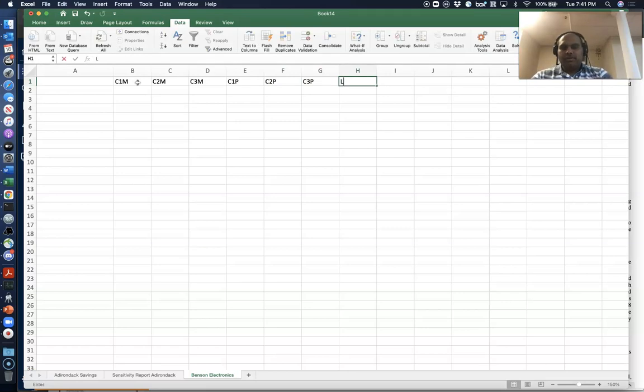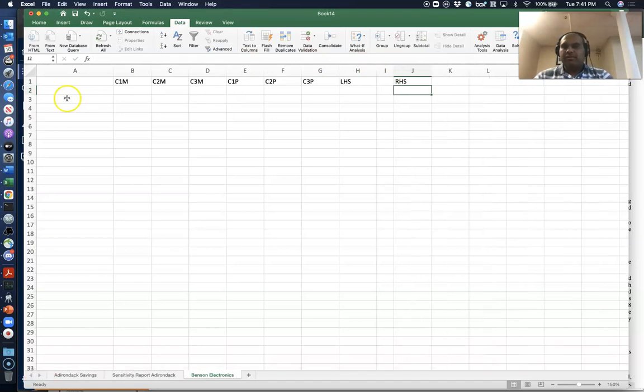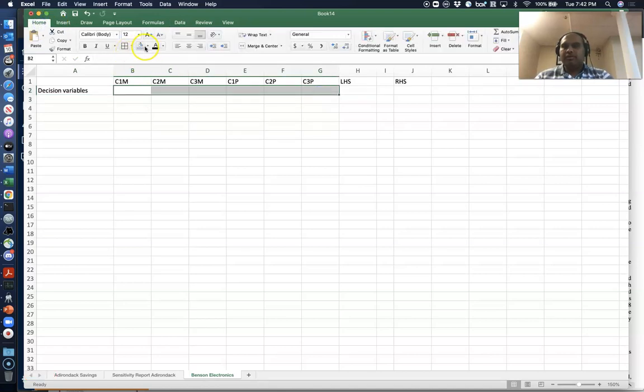Of course, you have left hand side, right hand side. So let's begin. First we have space for our decision variables. These are our 6 decision variables right here.